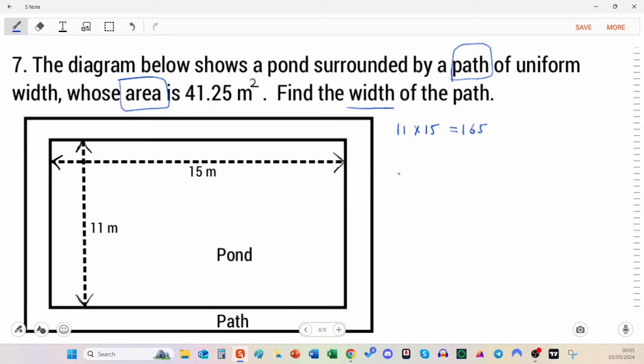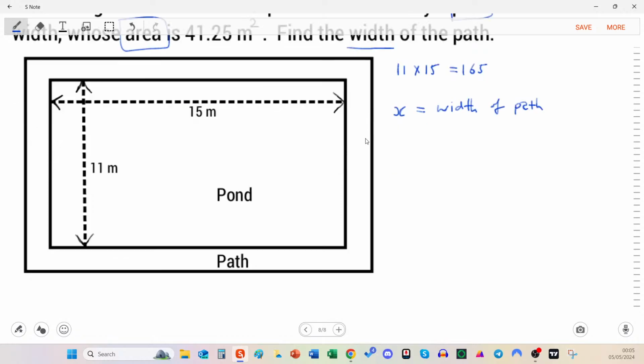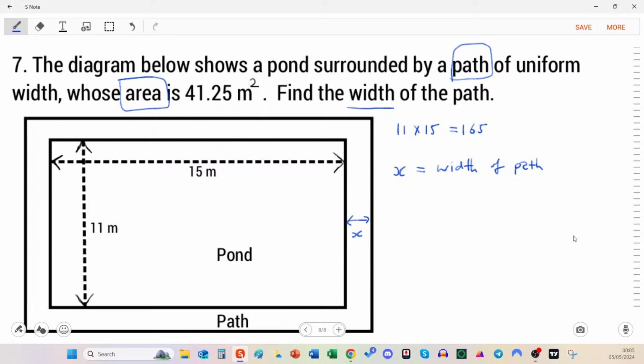So I think the variable here, x, has to represent the width of the path if that's what we have defined. Makes sense, doesn't it? So let's label it on the diagram. And welcome to an important skill, which is labeling the distances that you want to know with a letter, your favorite letter, but I'm just going to use cliche X.